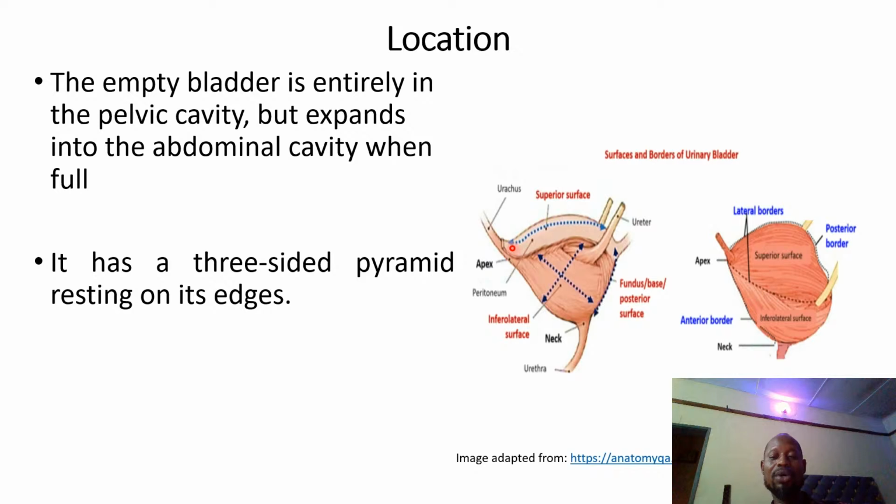The urachus. You call this the median umbilical ligament, which connects the bladder to the anterior abdominal wall. It is a remnant of the urachus.